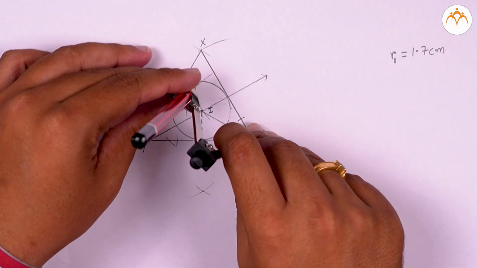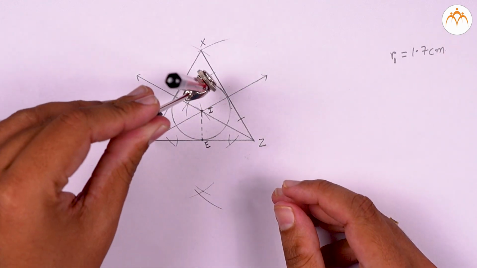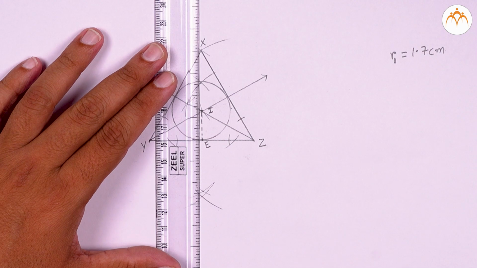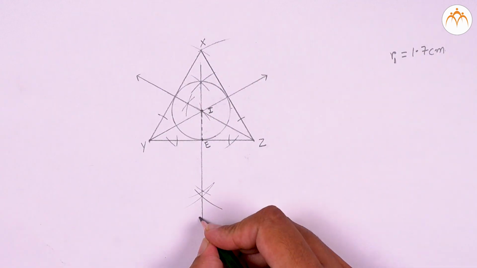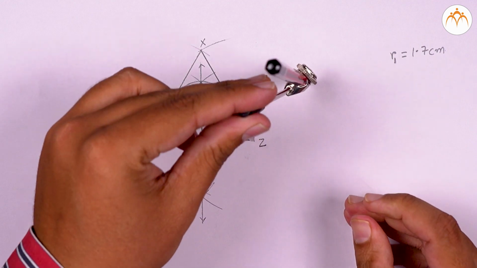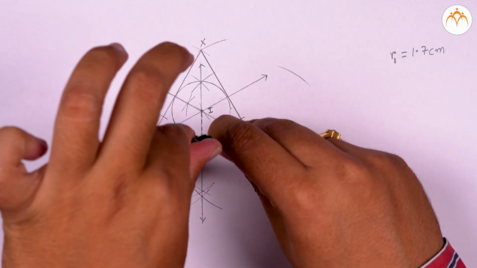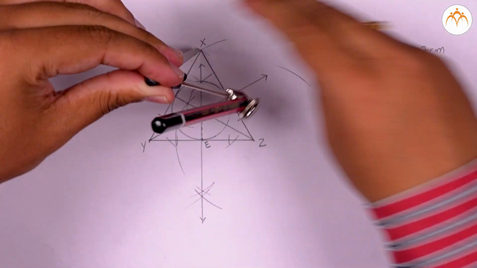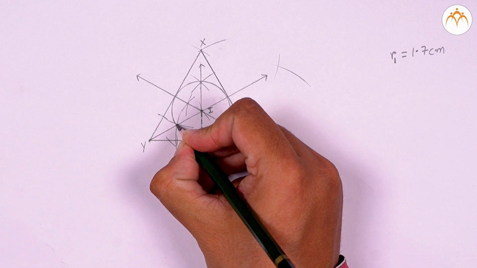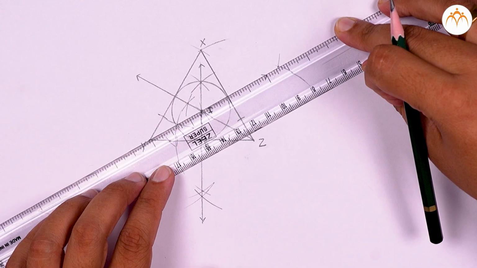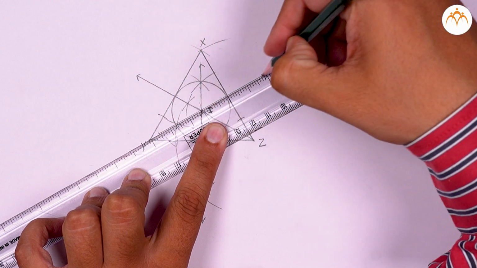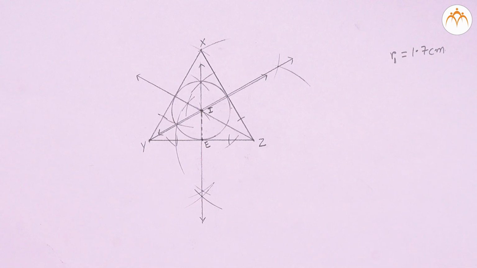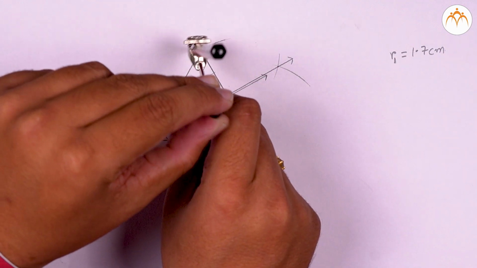Now draw the perpendicular bisectors of two sides. Let's take the intersection point as the circumcenter and using its distance to any vertex, draw the circumcircle.